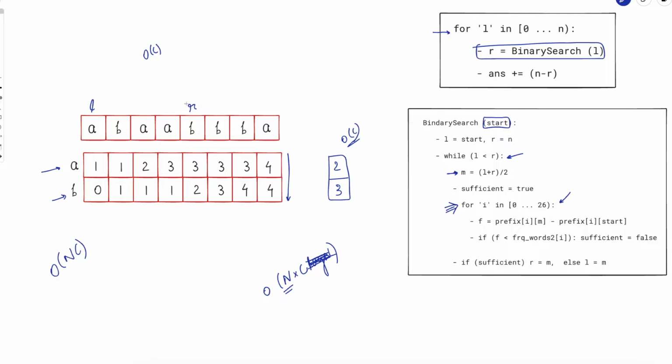So once you figure out this R, now you increment your L. Now your L is this.